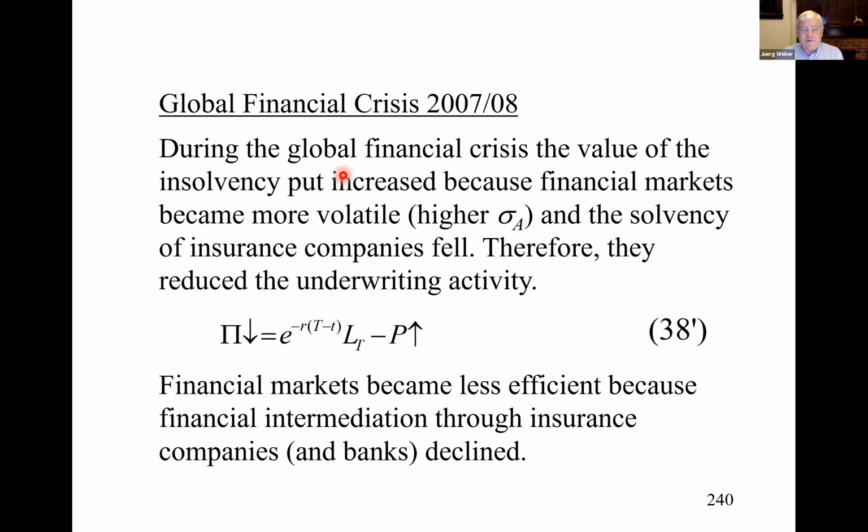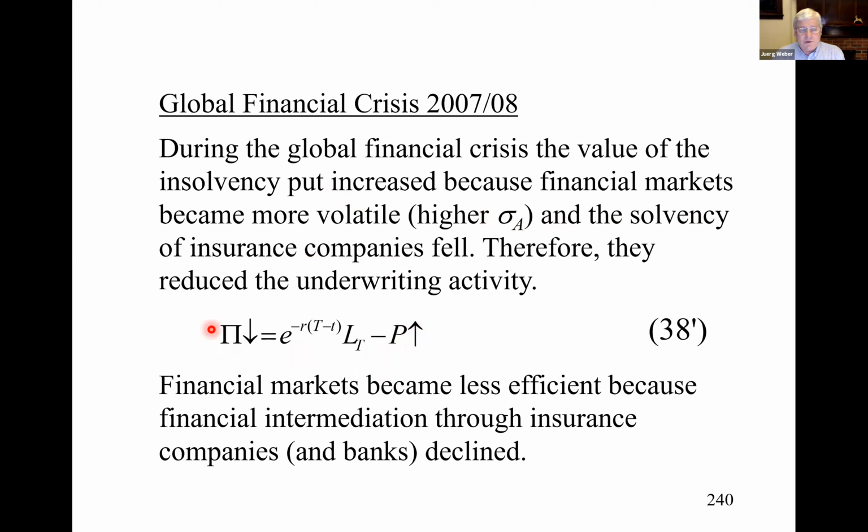So the value of insolvency puts increases when the markets are more volatile, and also when the solvency of the insurance company falls, then it's more likely that they will default, and so the value of the insolvency put increases.